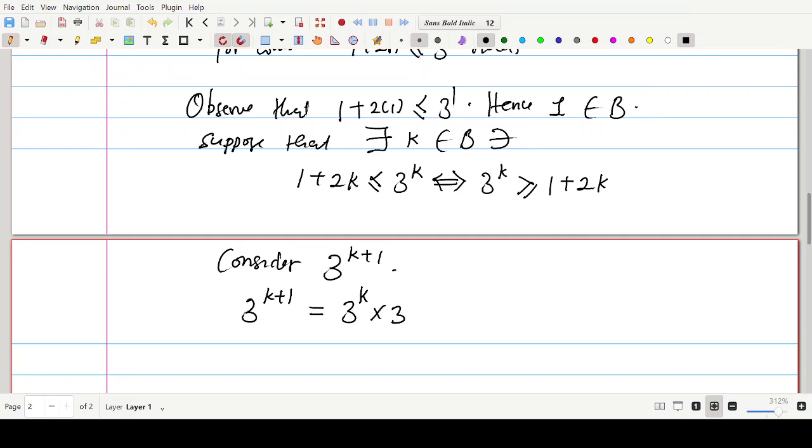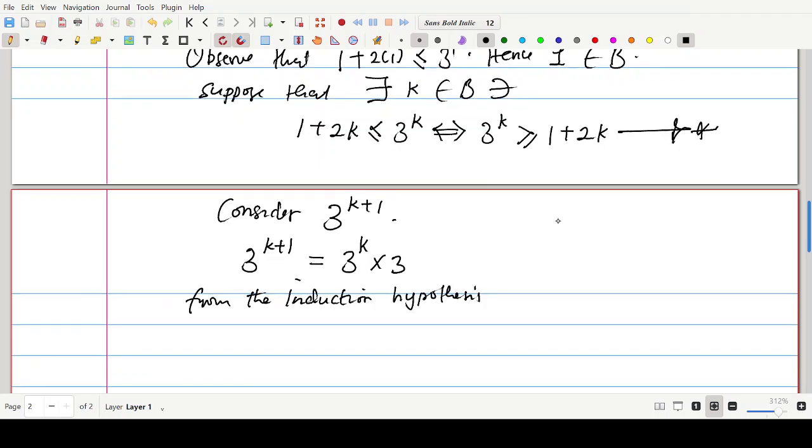Now from the induction hypothesis, multiplying that by 3, we have that 3 times 3 to the power k is bigger than or equal to 3 times 1 plus 2k.